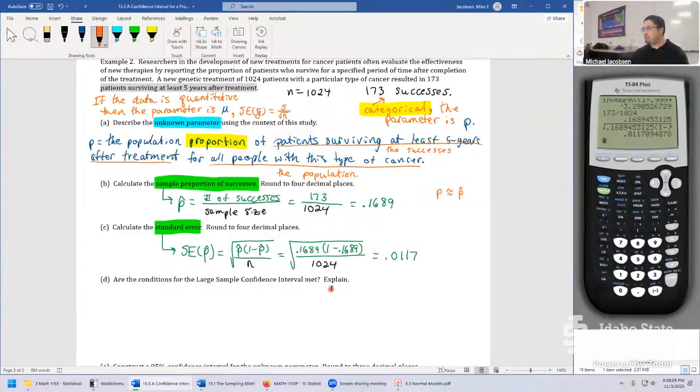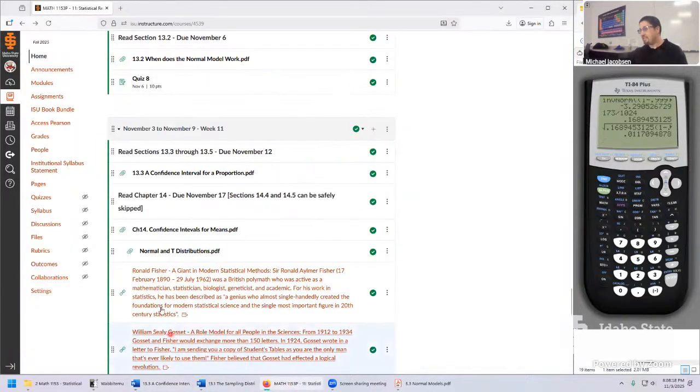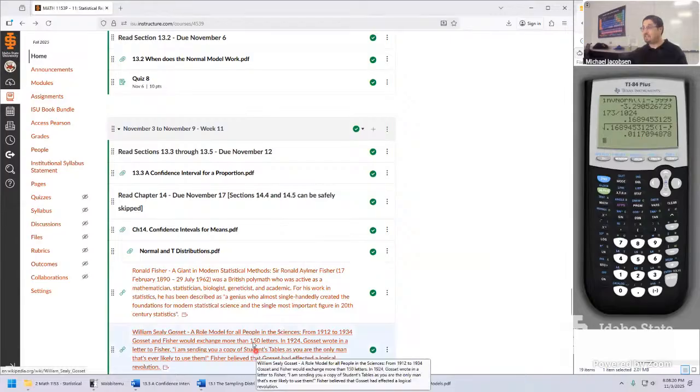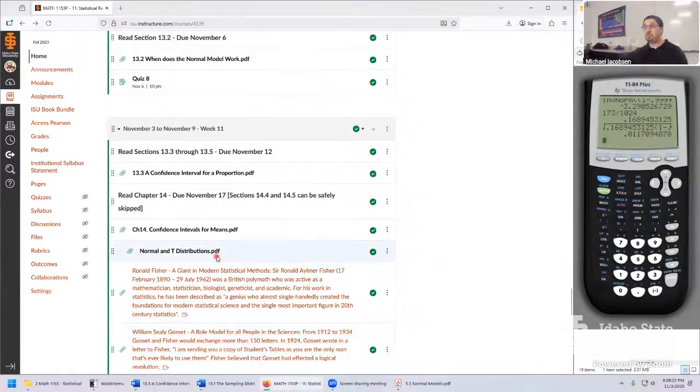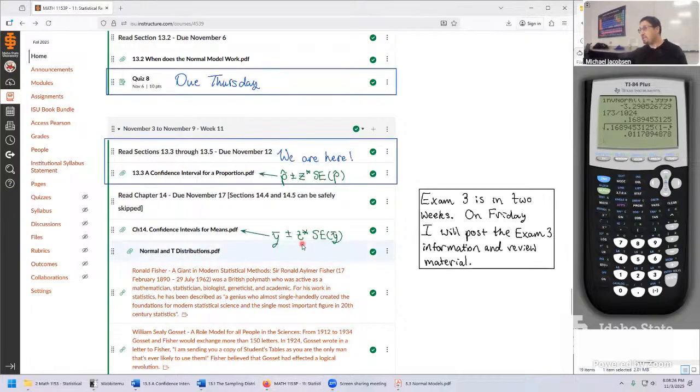Okay, you might wonder, because this is actually kind of strange. Why are we doing categorical first if the formula seems just nicer for quantitative? And there's a really big reason for that. It turns out, as this reading might suggest, you're not using the normal distribution to get your critical numbers any longer when you're in this section. You're getting a different critical number, T star. This comes from something called the Student's tables, or T distribution.